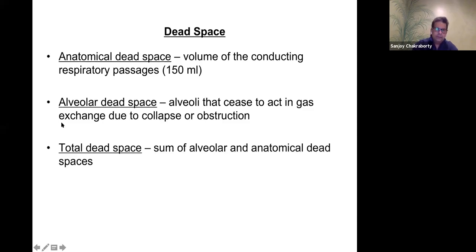Together, approximately 30% of what you breathe normally, so 150 ml, plus any collapsed or obstructed alveoli, we call total dead space, meaning that amount of air has no function and does not participate in any physiological role.